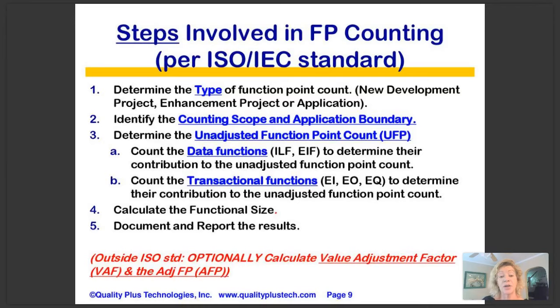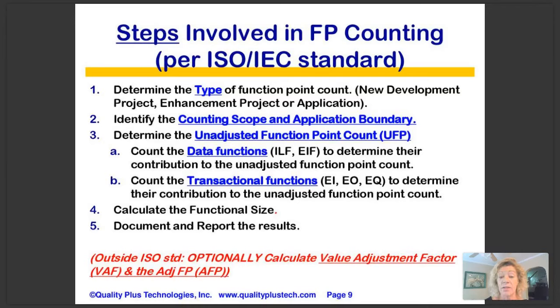We have external outputs and queries crossing the boundary to the outside. So we want to determine the unadjusted function point count. And to do this, we count our data functions. So when you see the words on the exam, data functions, that means ILF or EIF. We count those up to determine the contribution to the unadjusted function point count.